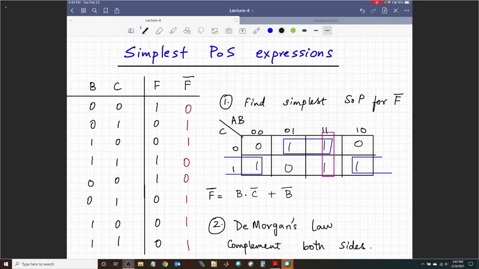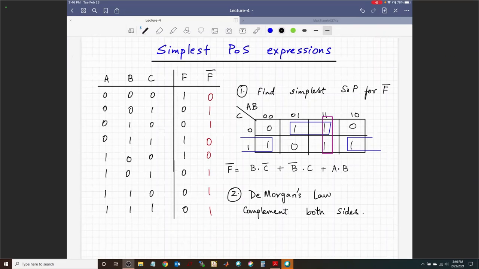And C is a 1. And for the pink group, it is A and B. Could have also been A and C. Let me just write that down. Could also be A and C. That's it. That's the simplest SOP for F complement.